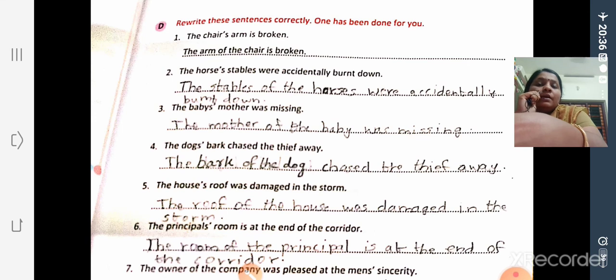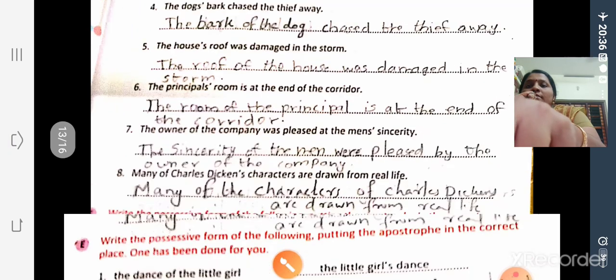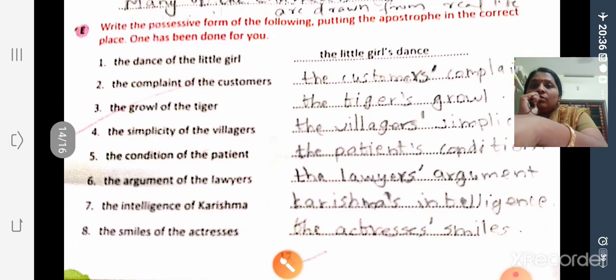The mother of the baby was missing. So the dog's bark chased the thief away. The bark of the dog chased the thief away. The house roof was damaged in the storm. The roof of the house was damaged in the storm. So like that, write and complete all these sentences.